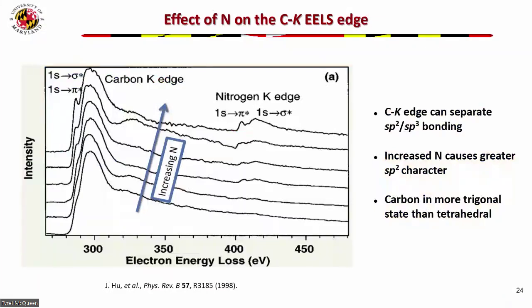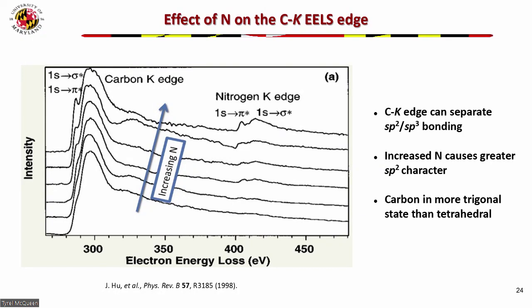So this is from a paper from Hu et al., who looked at nitrogen incorporation in a nickel carbide sample. And as they increased the nitrogen, they could see a change in the carbon K edge in the EELS spectrum, going from a more sp3 to sp2 type of bonding.